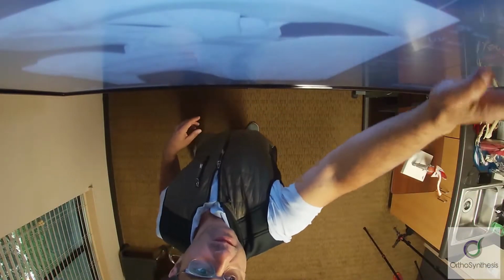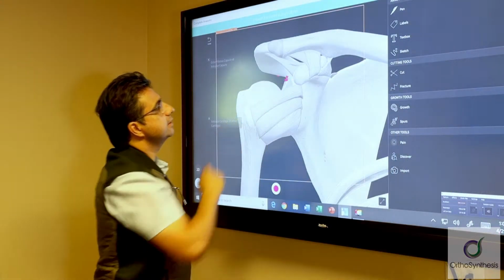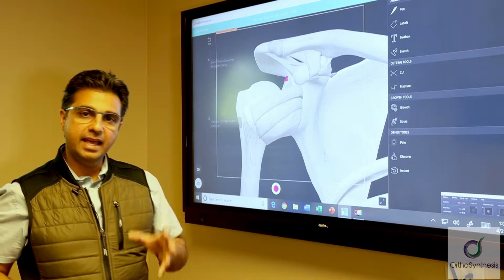So now we're going to go back to the model, and then what I want to show you is the labrum, so this right here is the labrum, okay? And that goes circumferentially around, and it's the labrum that gets torn off, and that's why it's called a Bankart repair, Bankart labral repair. Now, historically it was called a Bankart repair. That was when it was done open.